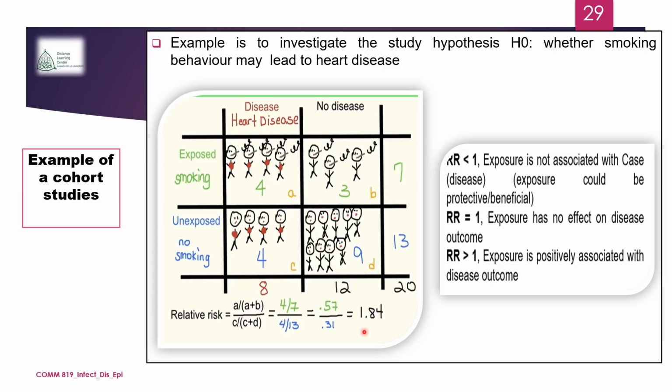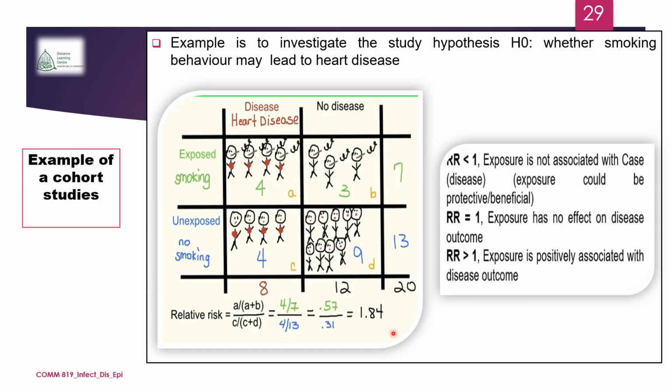But in epidemiological terms, instead of just leaving this as 1.84, you could just multiply by 100 and it will give you 18.4%. So to now interpret 18.4, you could just say the relative risk or likelihood of developing heart disease among smokers is 18 times higher in smokers than non-smokers.